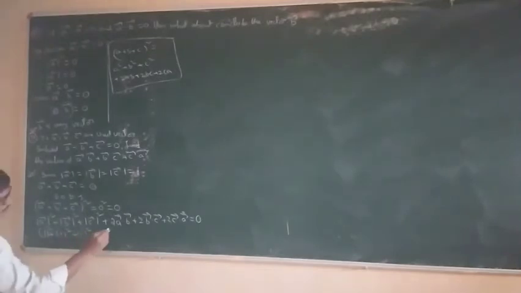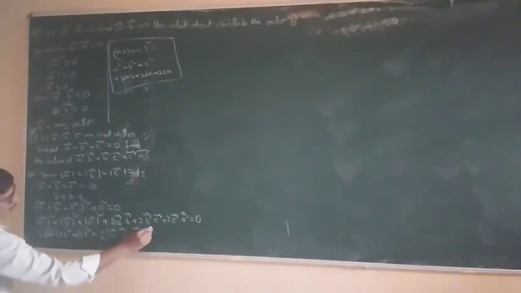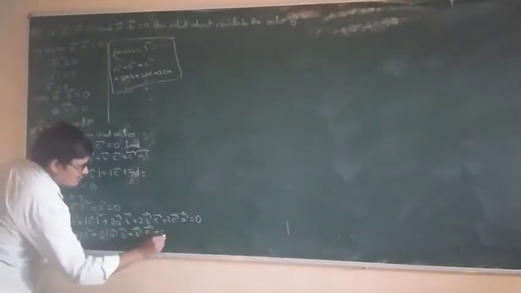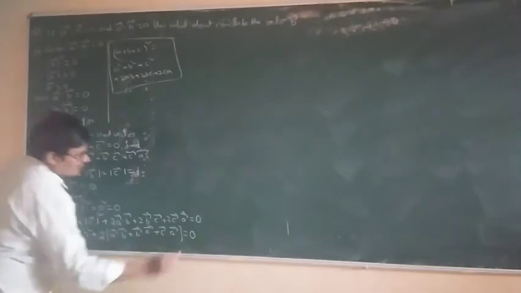Magnitude of a bar is 1, so 1 square plus 1 square plus 1 square, plus 2 common, 2 into a bar dot b bar plus b bar dot c bar plus c bar dot a bar is equal to 0.